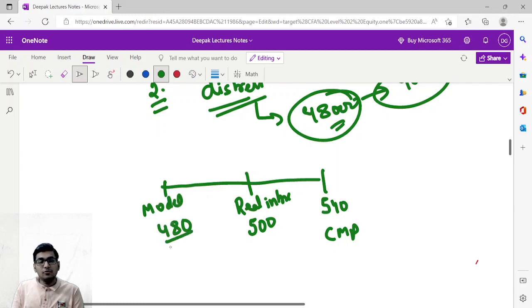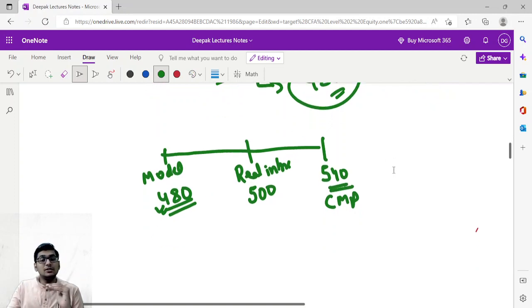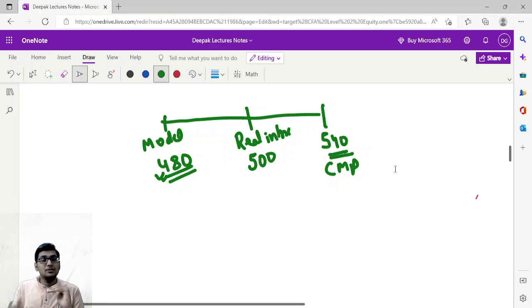So what you personally feel is that according to your model, the price of the share should be 480, but it is trading at 540. So according to you, it is overpriced by $60. This is what you personally feel. Write down. I personally feel that these comments are very important. If you are writing it down in your notes, when you revise, it will help you a lot.